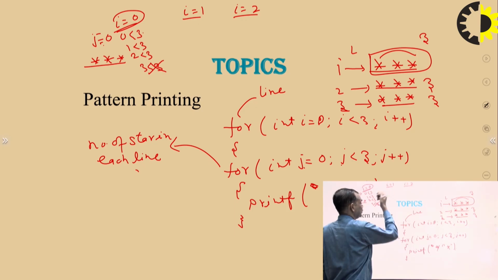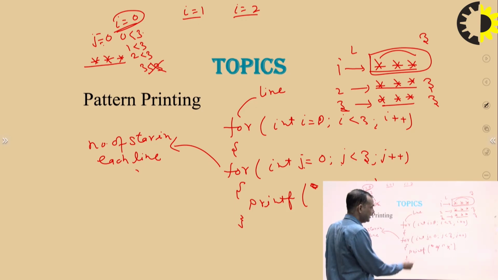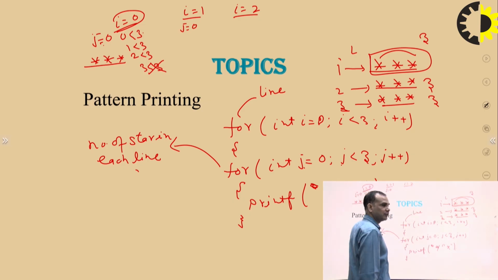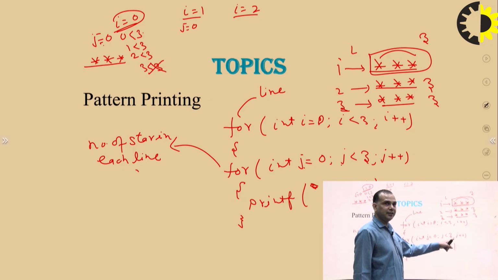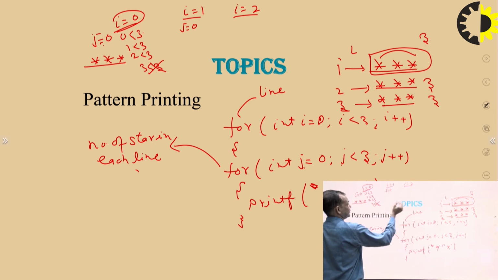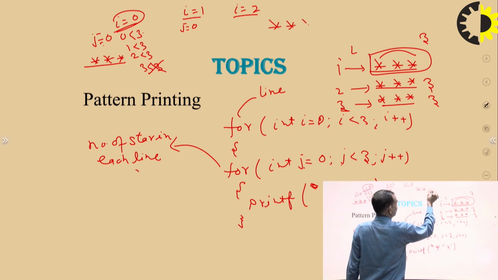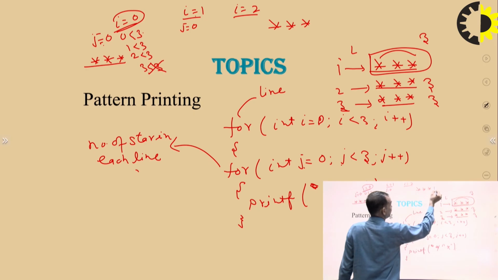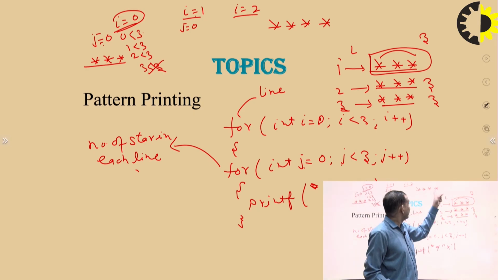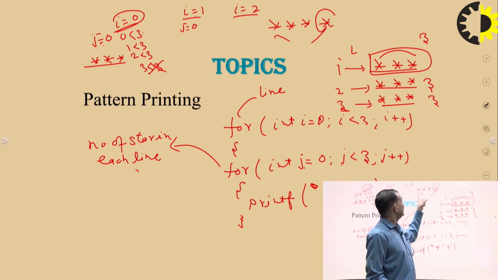Now i equal to 1, again it will check, j equal to 0, then it will execute, 0 is less than 3, condition true, it will print the star. But we need the next point in the next line.